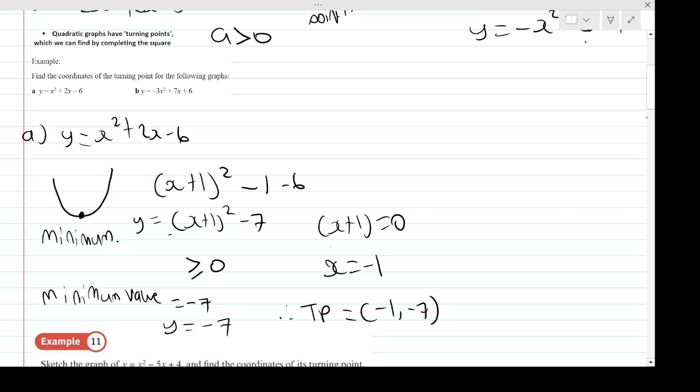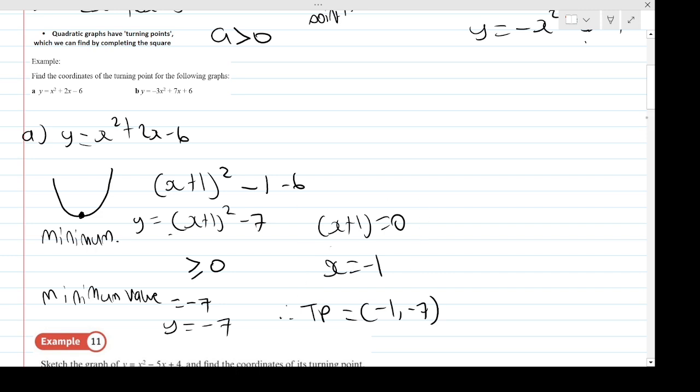Okay, so that's just an explanation, but in general, once you've hopefully understood that part, you could jump in really quickly and say, actually, the bracket has to be 0, so the x value has to be when the bracket equals 0, which we've done here. So solve that sort of equation.